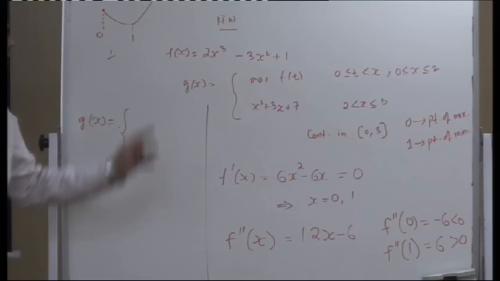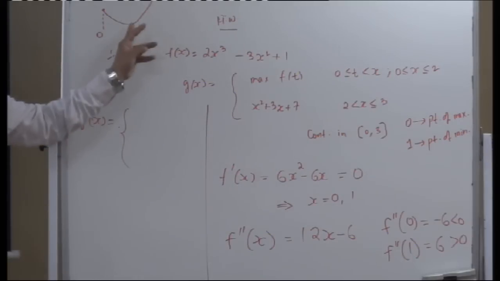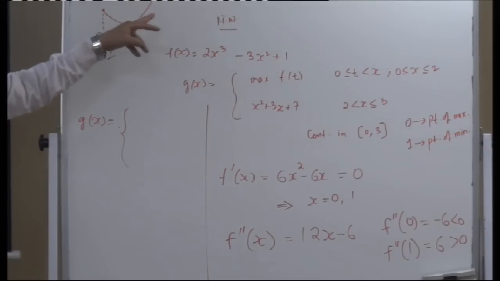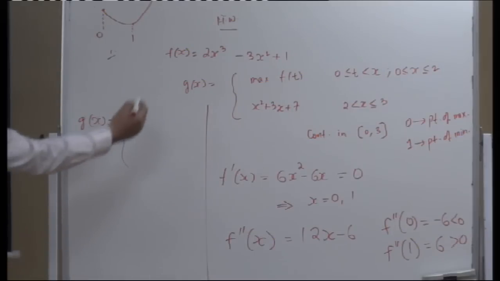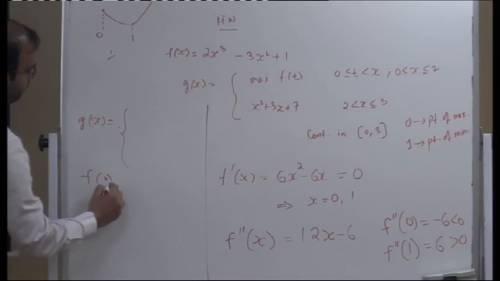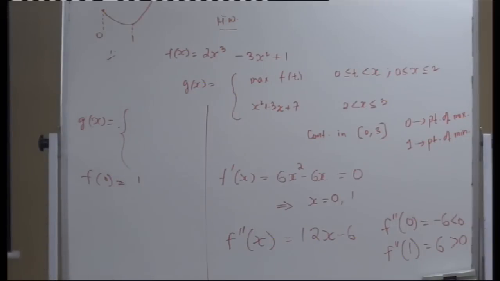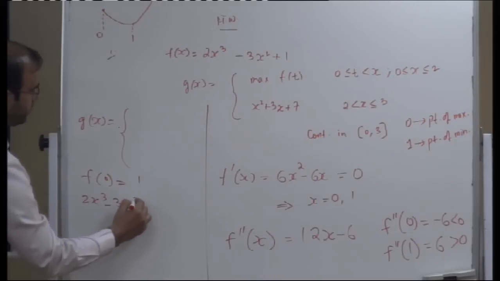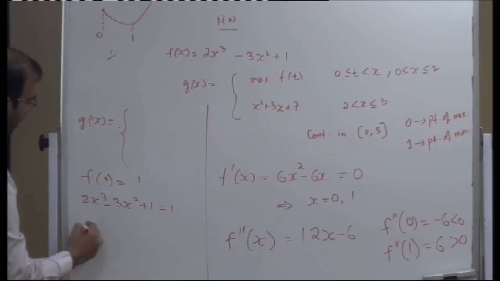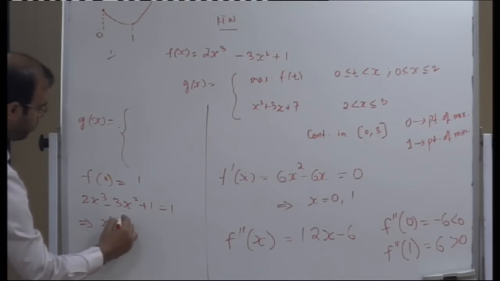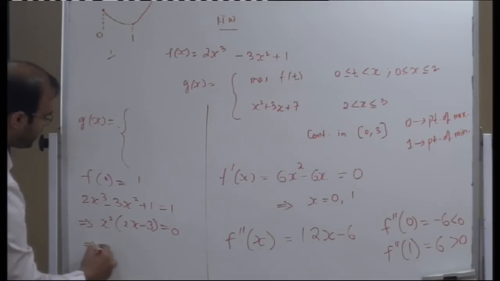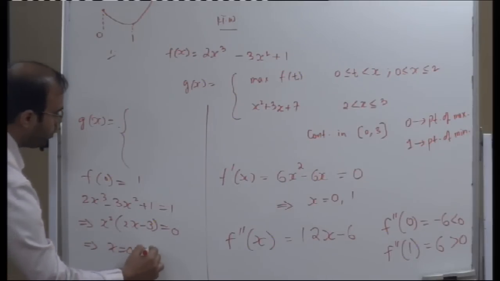So is there any other point between 1 and 2 where the value becomes equal to the value at 0? We have to consider that point. The value of this function at 0 is 1, when we put x equal to 0. We equate 2x³ − 3x² + 1 to 1, and we get x² common, and 2x − 3 equal to 0, which means x is either 0 or x = 3/2.